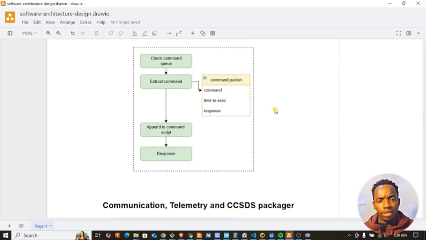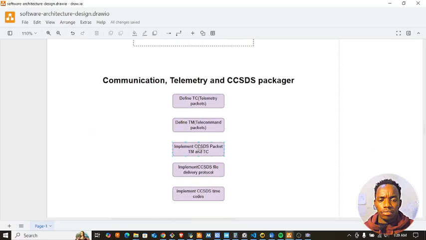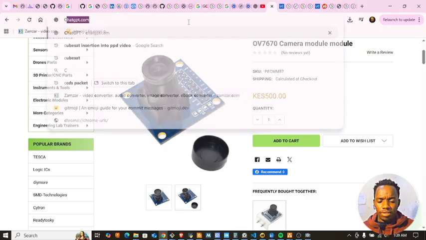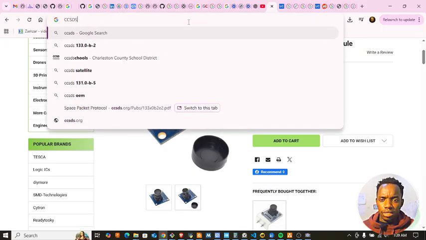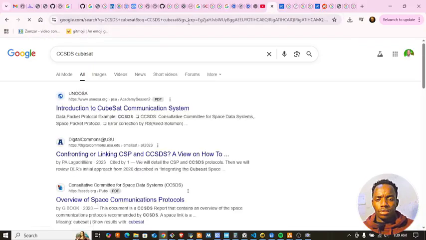So there's a committee that was formed to come up with this packet structure, right? It's called the CCSDS, the Consultative Committee for Space Data Systems.